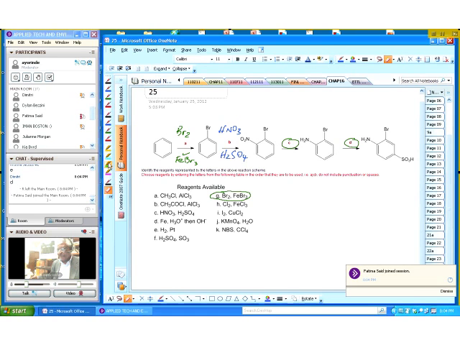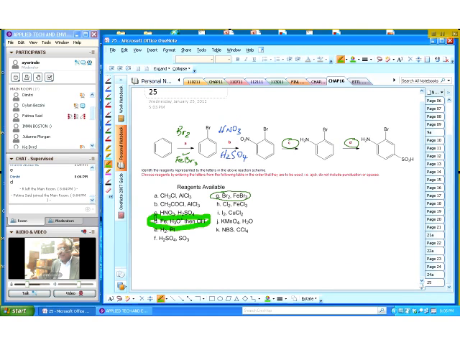So now we are going to use D. When you have to reduce the nitro group, you will use some kind of acid in the presence of iron. We could use any kind of acid, and that acid could be hydrogen chloride, hydrogen bromide, or sulfuric acid in the presence of iron. Okay, so far so good.